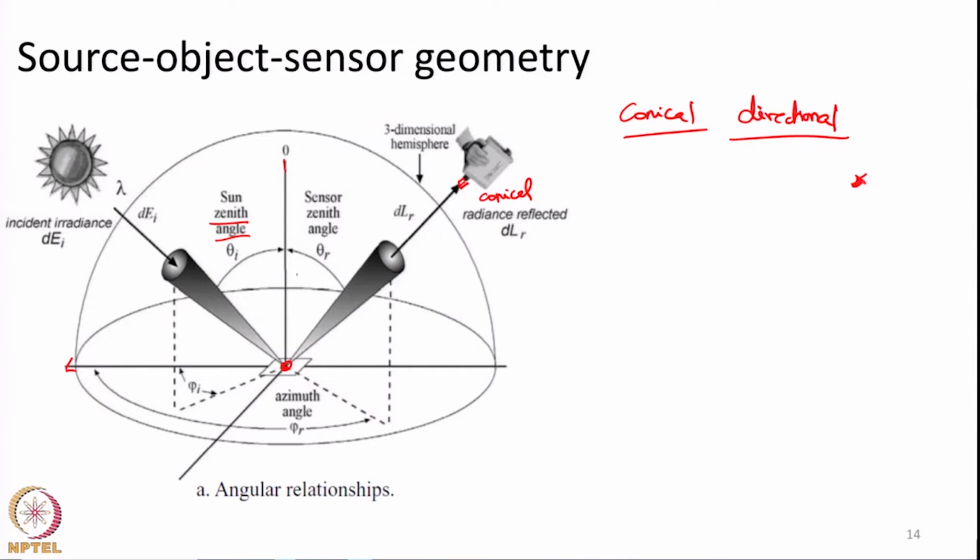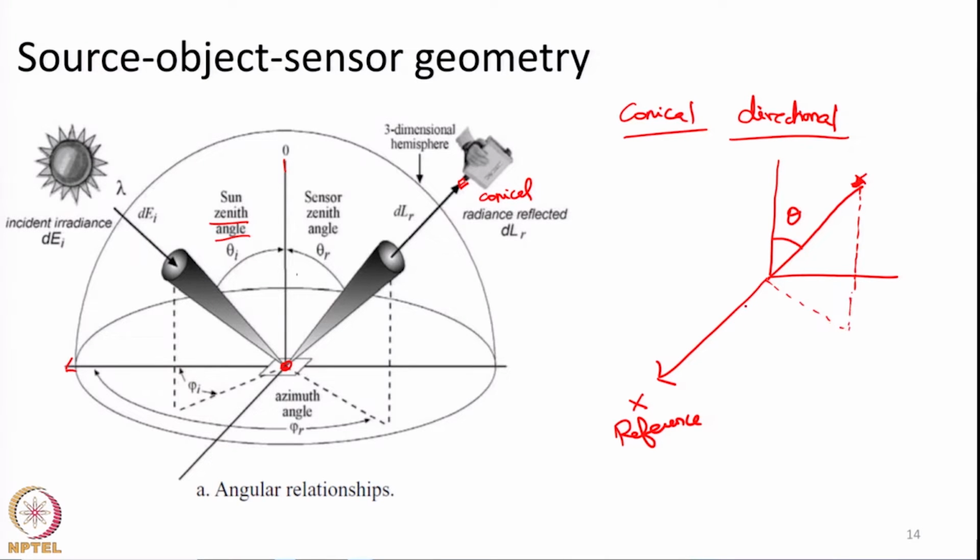If I want to give a coordinate to it, I can give a coordinate using one elevation angle theta, and if I assume this as a reference direction x, then I can measure the horizontal angle of this particular point and call it the azimuth angle.